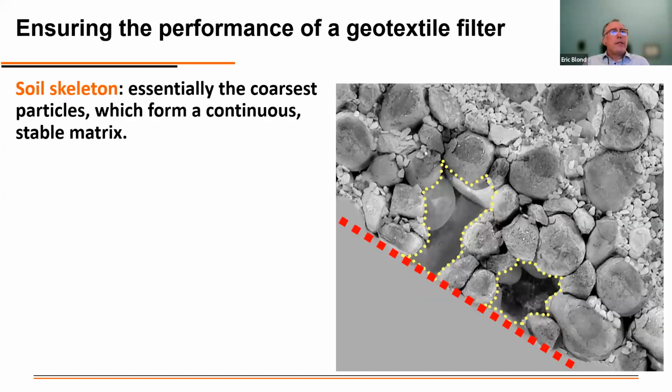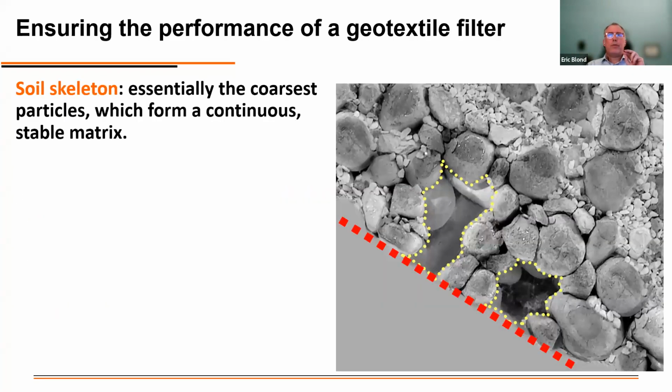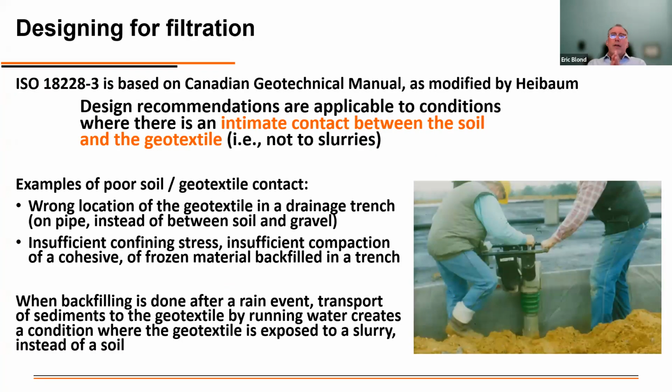So, yeah, one aspect which is important. Soil skeleton, I've explained that before. For designing for filtration, one of the core hypotheses which is considered in the design is that there is an intimate contact between the soil and the geotextile.